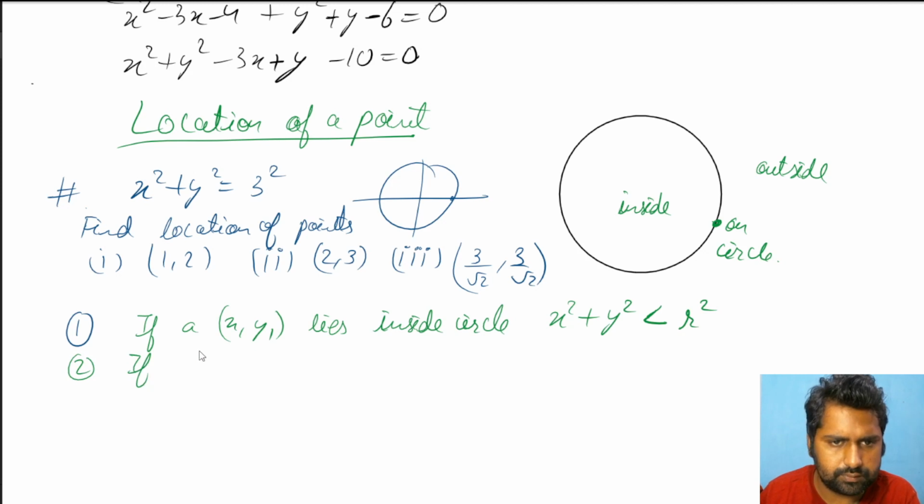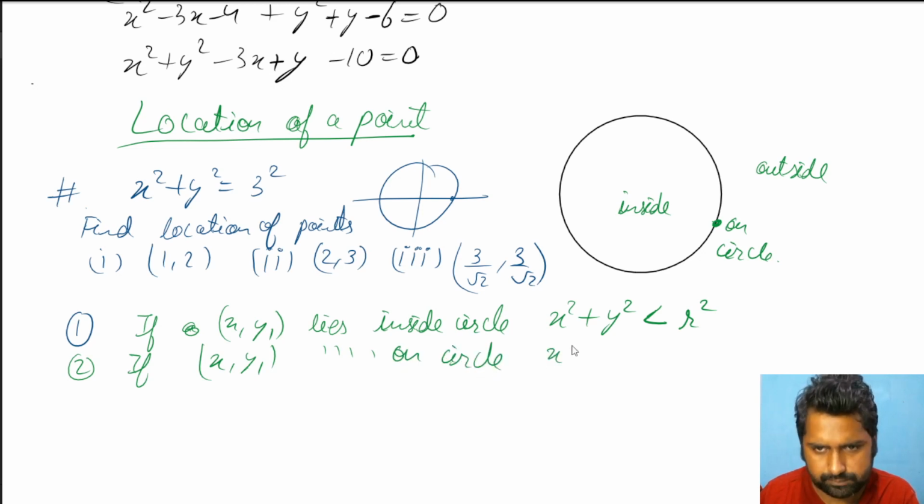If (x1, y1) lies on the circle, it will satisfy the equation, so it is equal to r square.